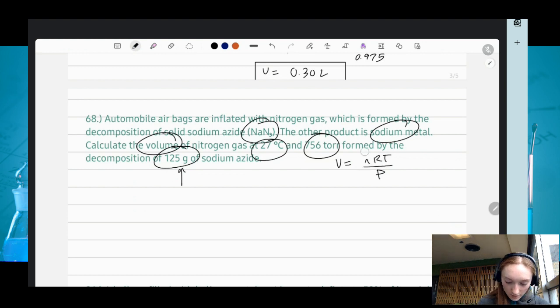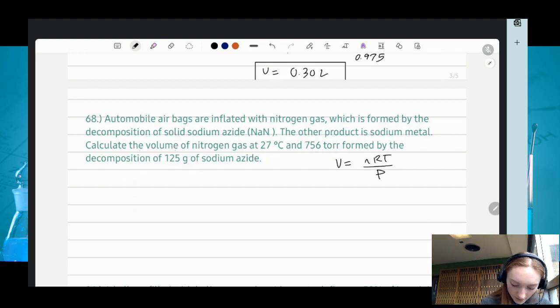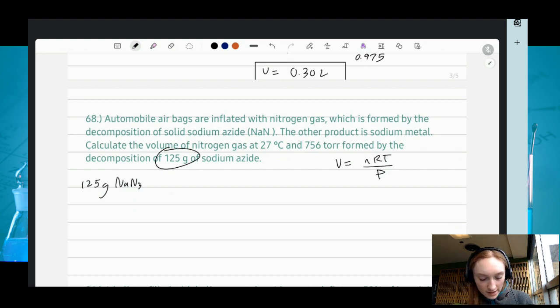So to solve for n, we have to first use the mass, like I said. So the 125 grams of sodium azide, so that's NaN3. And so we'll need to convert that into the moles of N2. But before we do that, actually, I forgot, we need to write the reaction equation. So I'm going to go ahead and write this down.